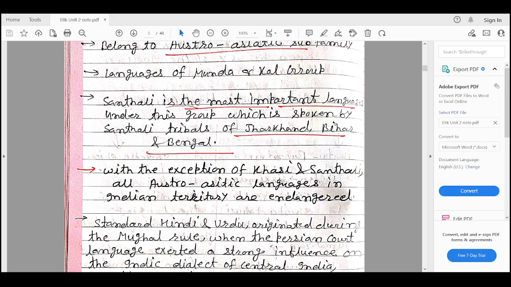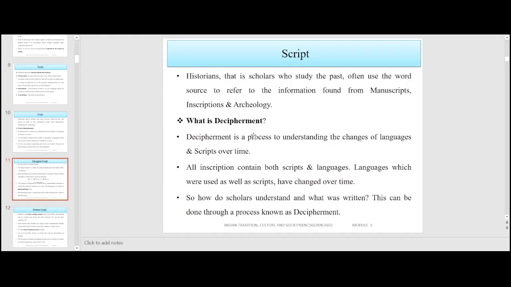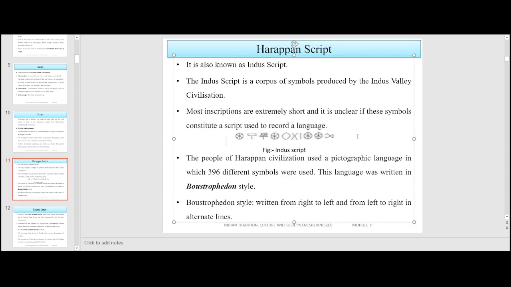And remember, here the symbols are there. These symbols were majorly used at that time by the Harappan people. The people of the Harappan civilization used a pictographic language in which 396, remember 396, different symbols were used, and this language was written in the Boustrophedon style.